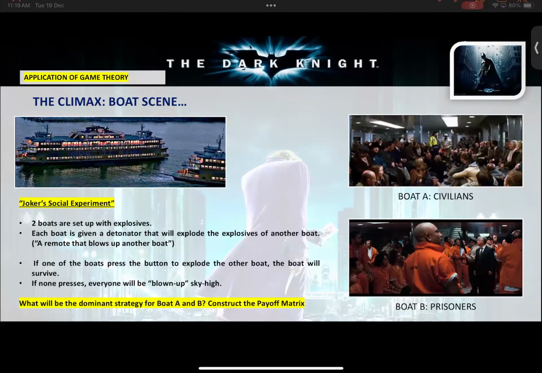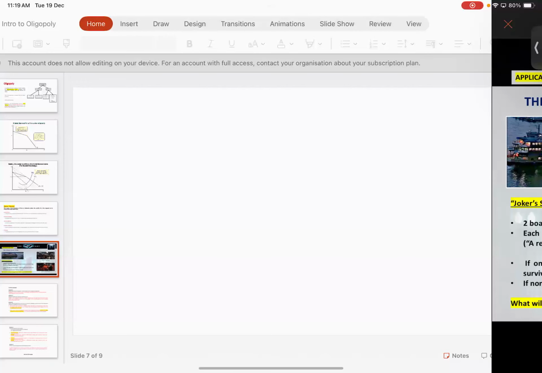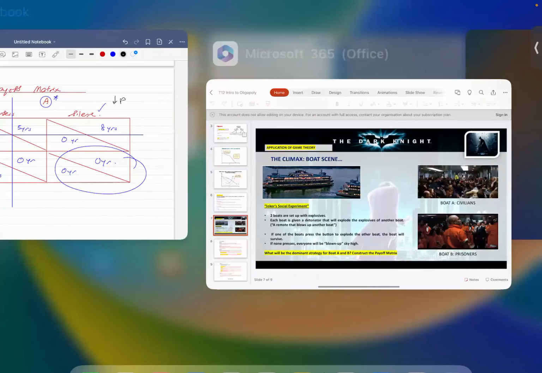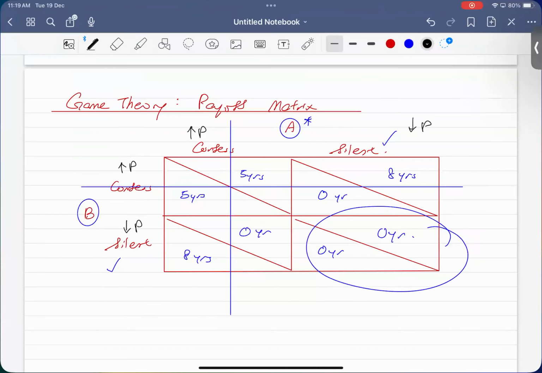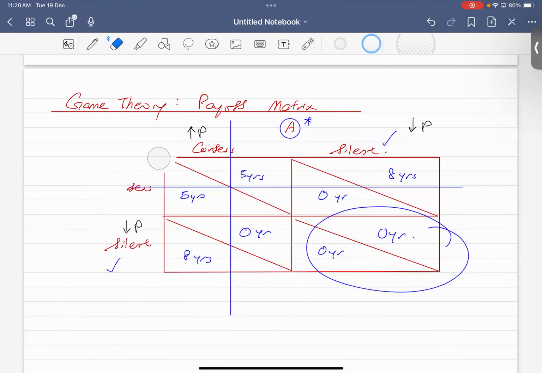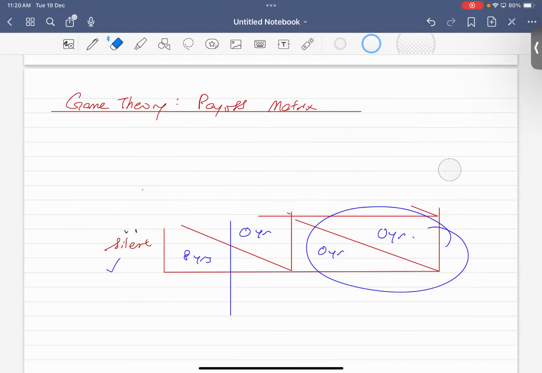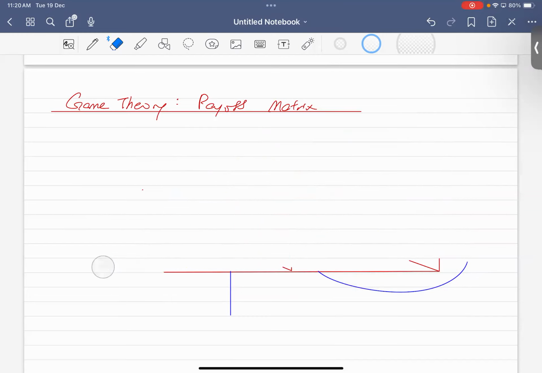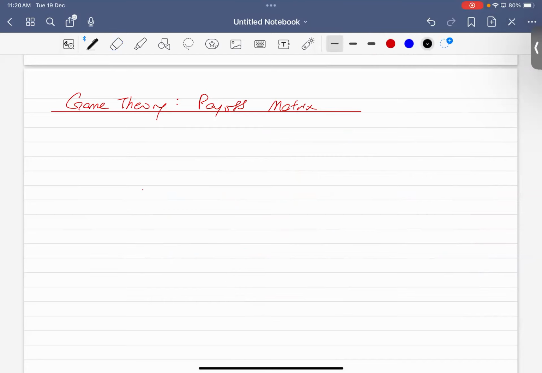Same thing, if you use what we learned just now, let's use this to find out the best strategy. Let's see the outcomes. So you have a payoff matrix here.